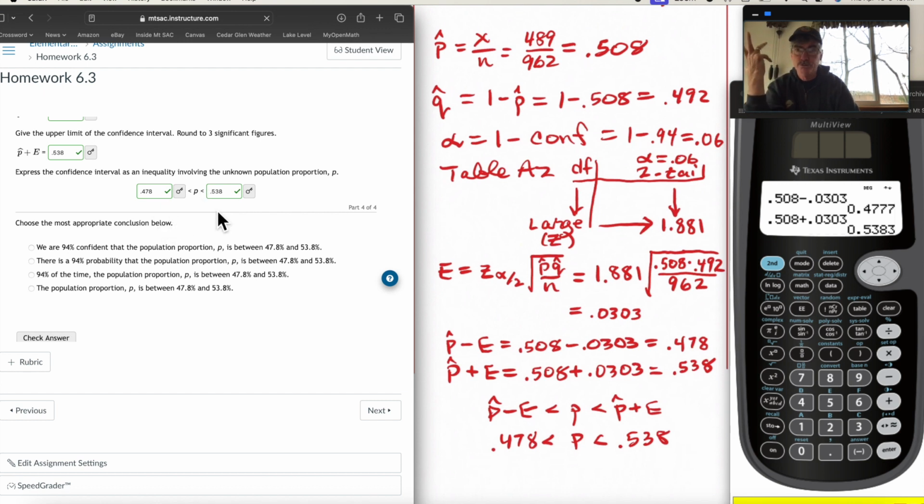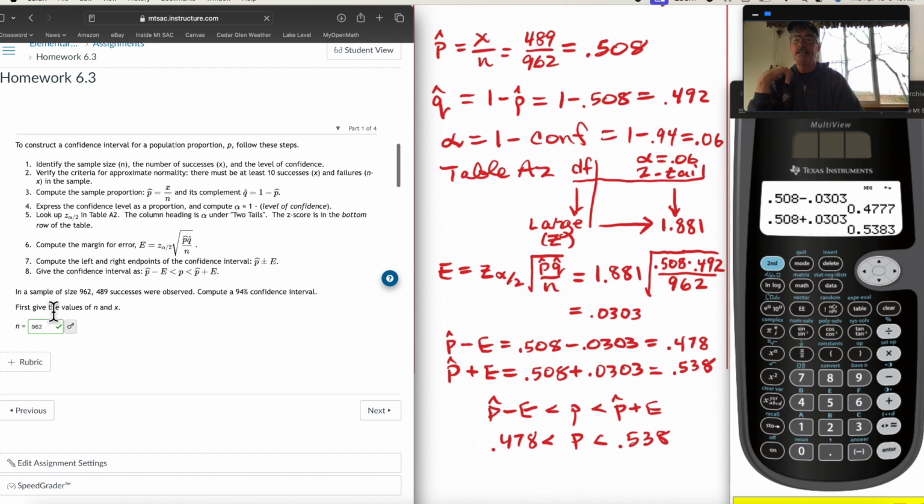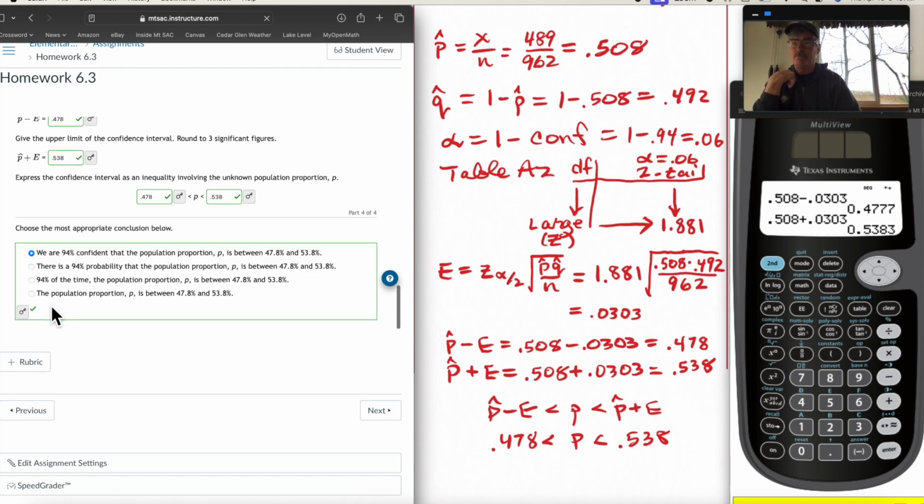It's already true. So we're not going to talk about how probable it is. We're just going to talk about how confident we are. So let's just say we're 94% confident that the population proportion is between these two values. And that's that. 10 out of 10. Okay, so that's how you run that problem.